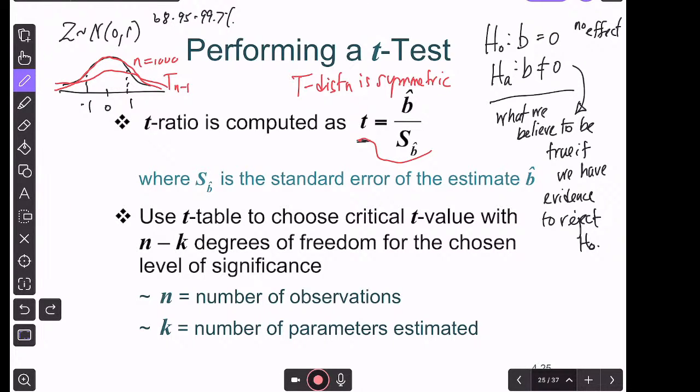So we begin with an assumption, because we can't really do anything without making an assumption. So we assume H naught is true, that there is no trend between X and Y. B is 0.